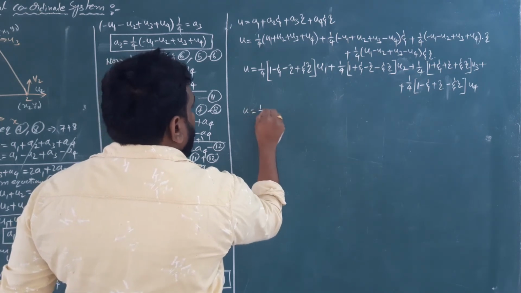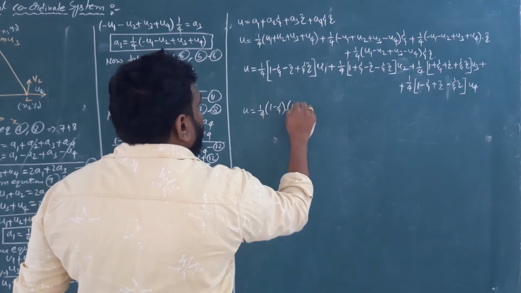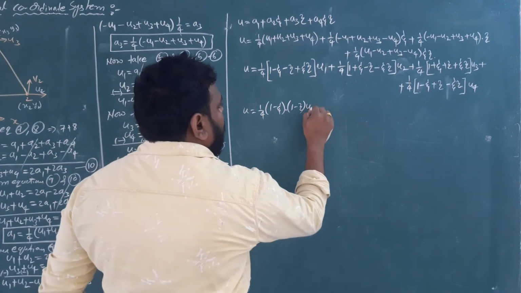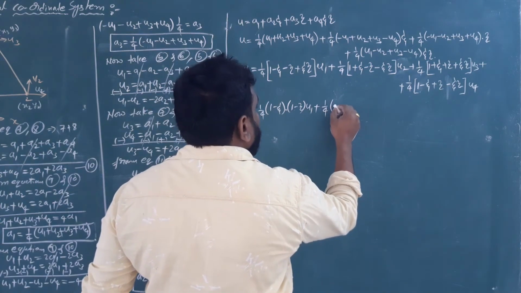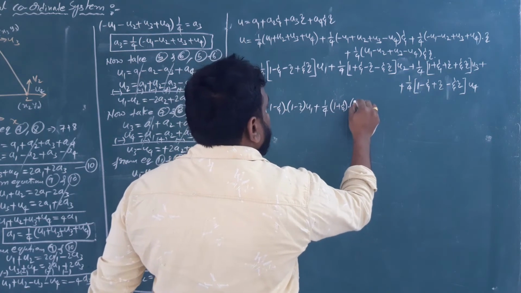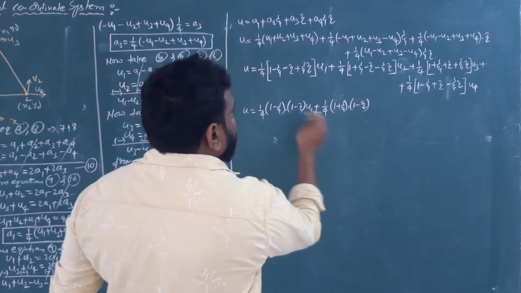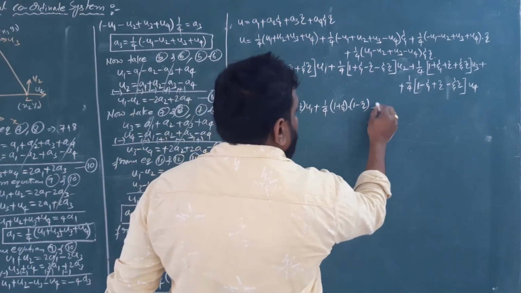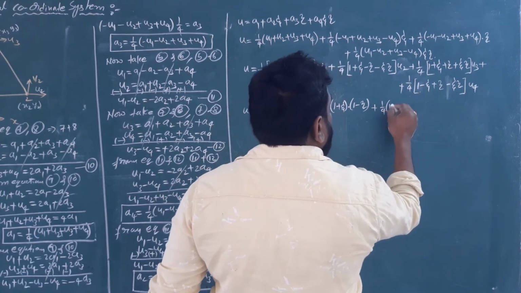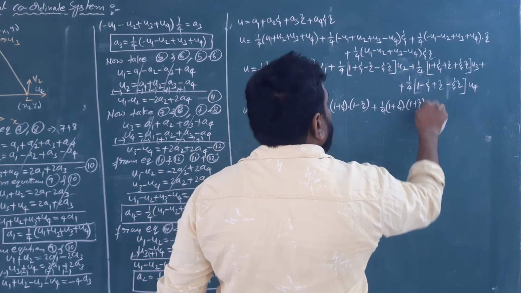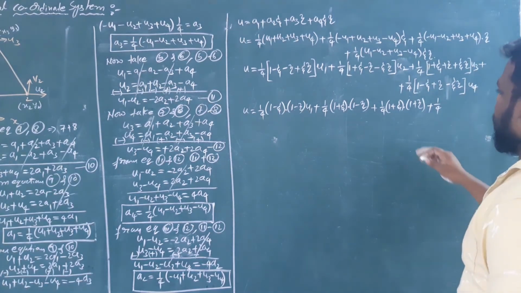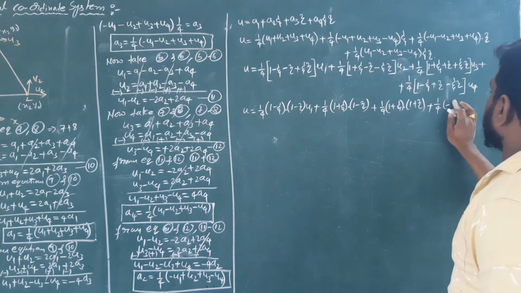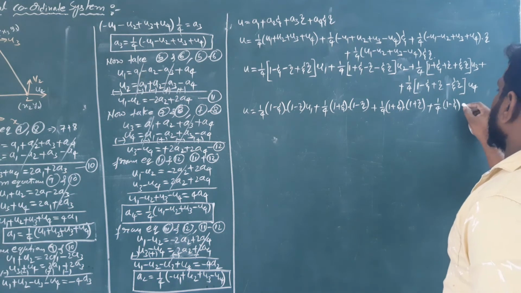So u is equal to 1 by 4 of 1 minus j into 1 minus eta, into u1, plus 1 by 4 of 1 plus j into 1 minus eta, plus 1 by 4 of 1 plus j into 1 plus eta, plus 1 by 4 of 1 minus j into 1 plus eta.